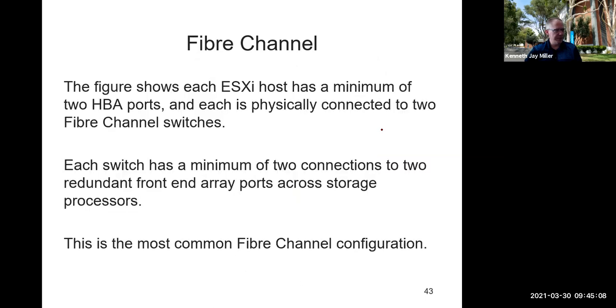system that you'll see. Now the figure shows each ESXi host has a minimum of 2 ports, and each is physically connected to 2 channels, and each switch has 2 connections to 2 redundant front-end array ports across the storage processor, and this is the most common Fibre Channel configuration.